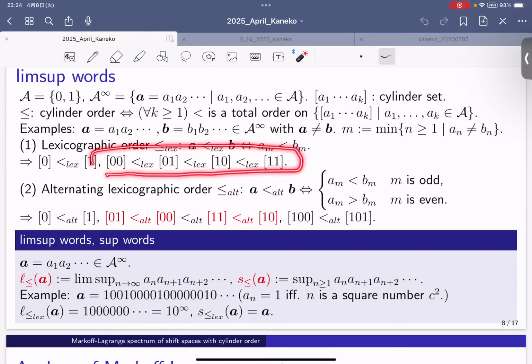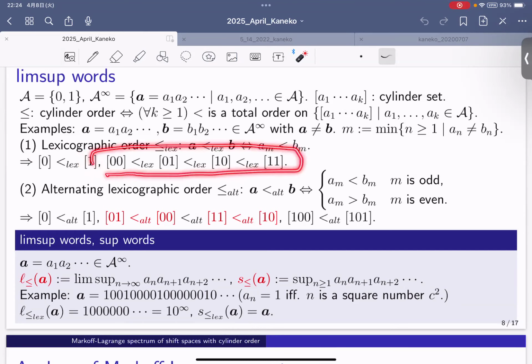Of course, 1, 0, something is less than 1, 1, and so on. So it's an example of a cylinder order. For any cylinder, this order is well defined.